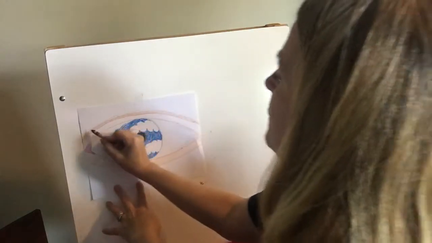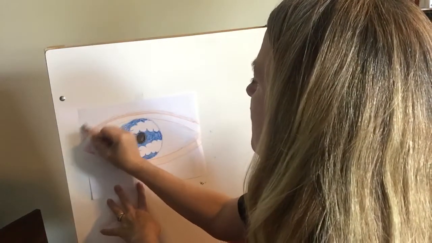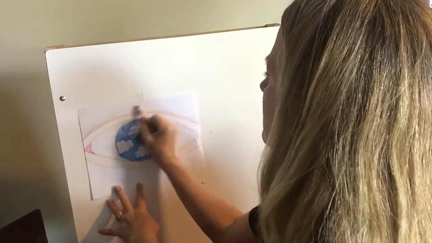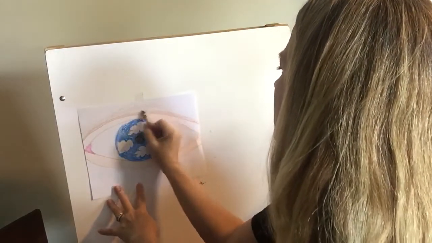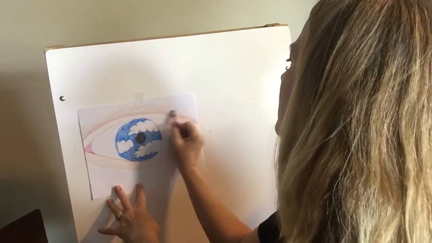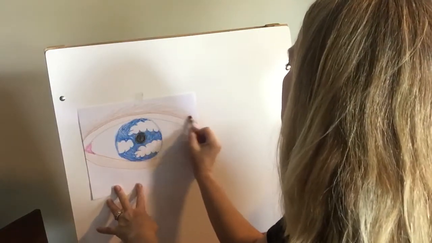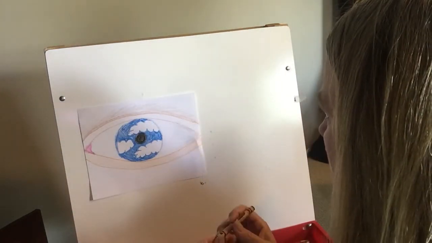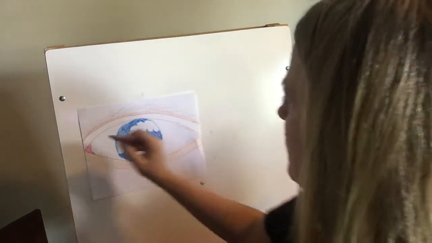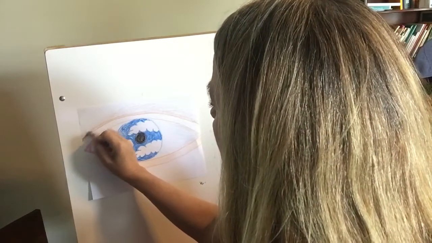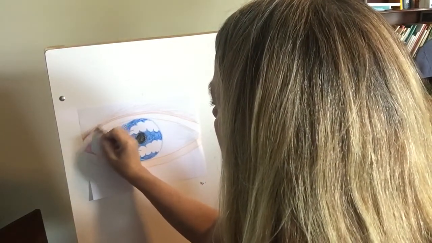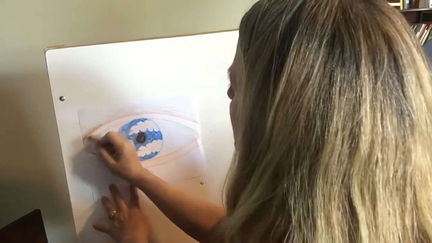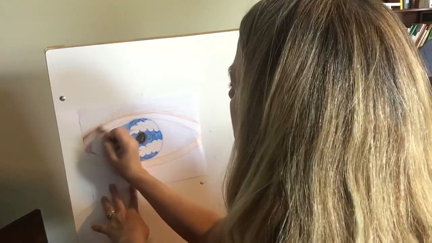So I'm going to add a little bit of brown there to try to show the shadows. Now, if you have a darker brown skin, you might want to use a darker brown crayon to make your creases even a little bit darker than this. Okay? So it's up to you how you want to do that.